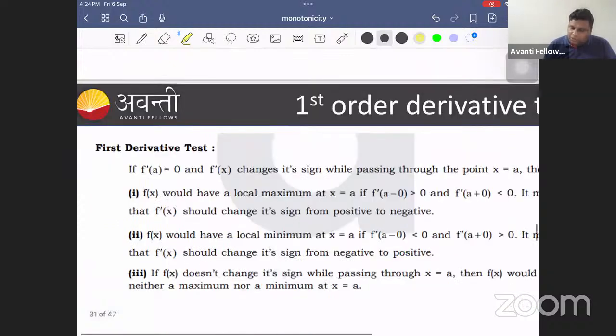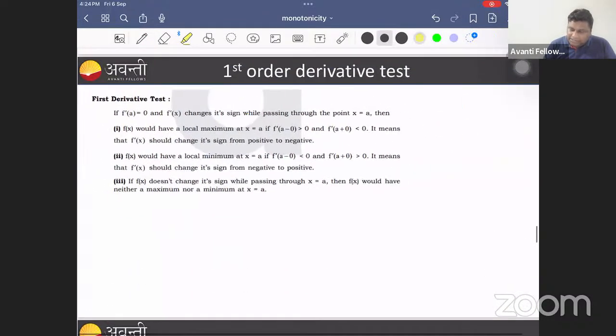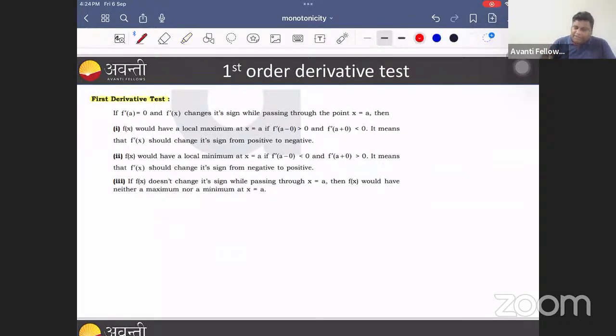So if a function is either derivable or non-derivable, this is a simple test. Now, there are two further tests. One is the first derivative test, the other is the second derivative test. First, we will go with the first derivative test. Let me explain it to you. Say a function is like this. Say this is the point x equals a.